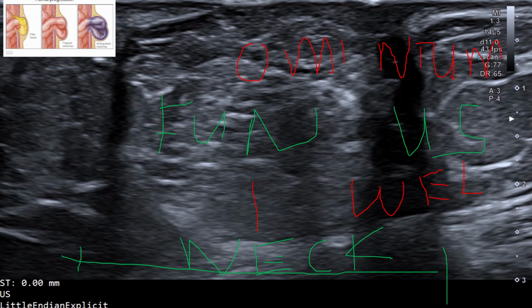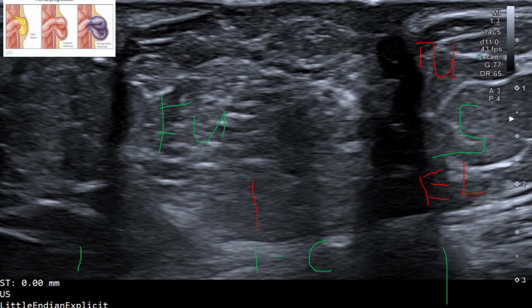So that becomes a challenge. If you are not careful, you will definitely miss it. You need to be very careful, because the hernia and the surrounding tissue look almost the same, as you can appreciate.